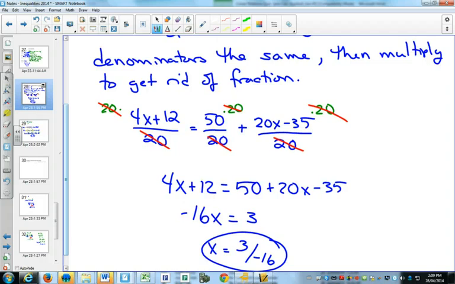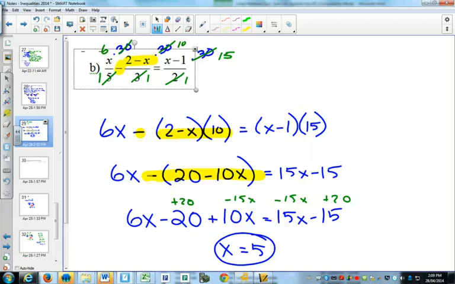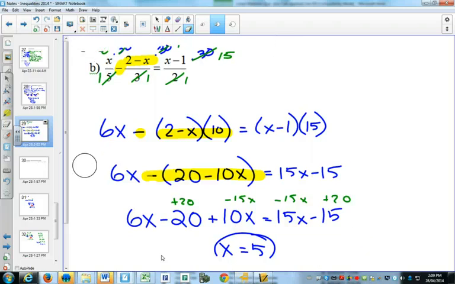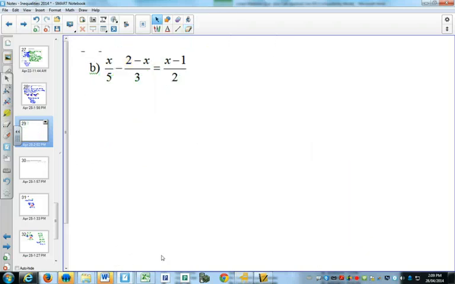So let's look at that second one, where we're going to get the denominator the same and see if we get the same answer. So lowest common denominator between 5, 3, and 2 would be 30. So you see how the least common multiple comes in this method as well?